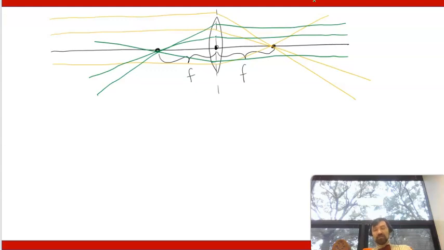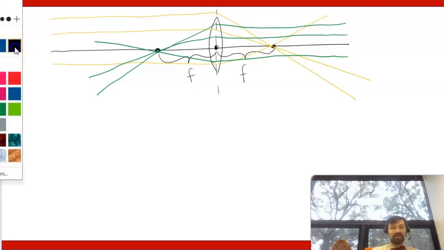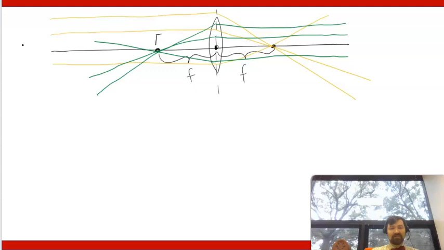So these are basically your two focal points. They're sometimes labeled in these diagrams as capital F prime and capital F. And again, they should both be the same distance away from the lens.